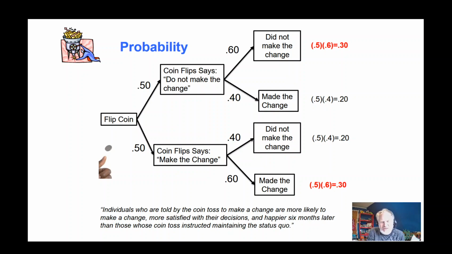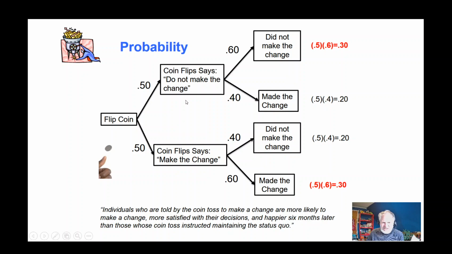Now, of the 100 people, 30%, or 30 of 100 people, the coin said make the change, and those people actually made the change. And that's this right here. So if I want to look at the probability of a person being in the situation where the coin says make the change and they made the change, what I do is multiply the probabilities down the decision branch.